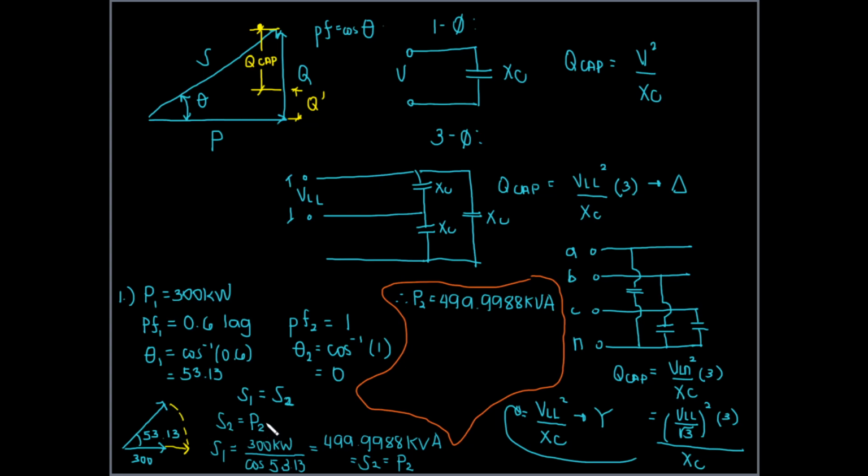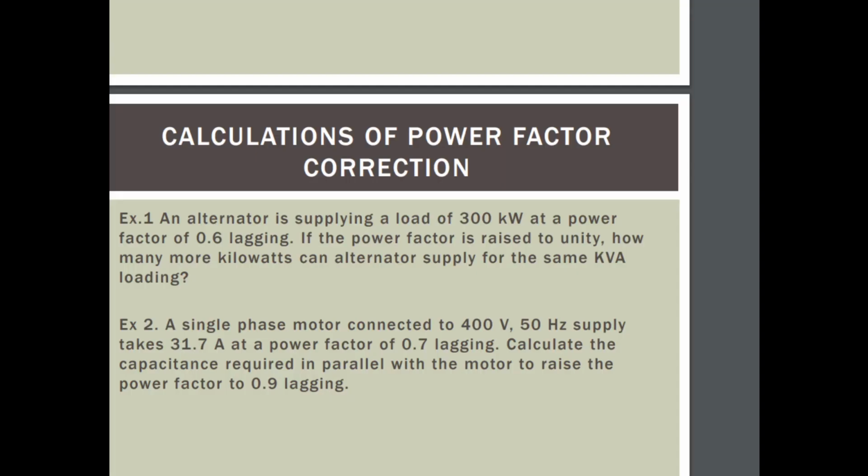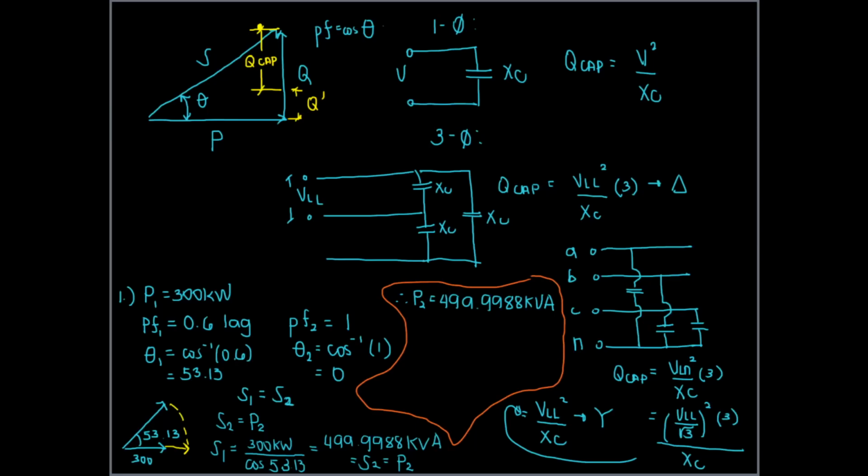So again, we go back to what the problem was asking. How many more kilowatts can alternator supply for the same kVA loading? And the answer is, of course, how much was added. So how much was the change in power?